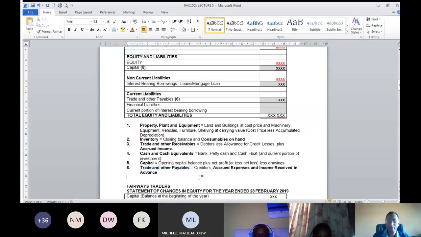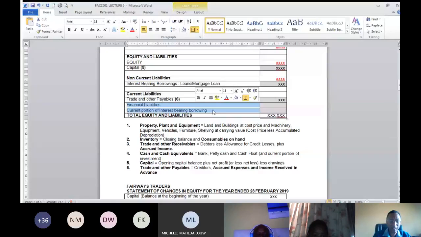Trade and other payables will consist of your trade payables control account, any accrued expenses, and income received in advance. Accrued expenses and income received in advance are adjustments, guys, which I will explain in our next lecture. So at this point in time, trade and other payables consist only of our trade payables control account.